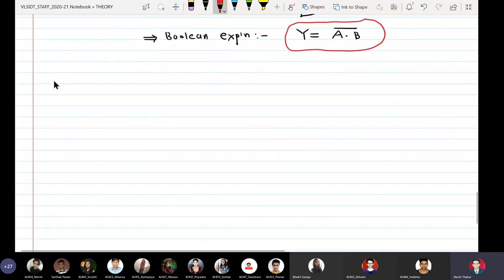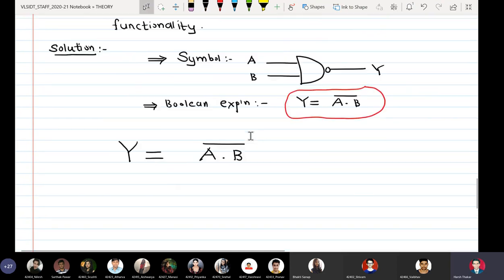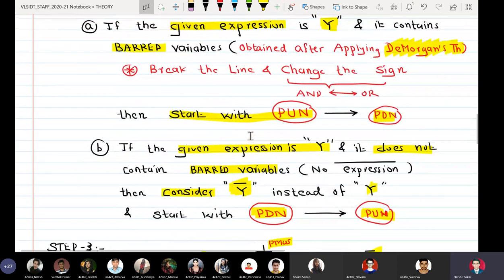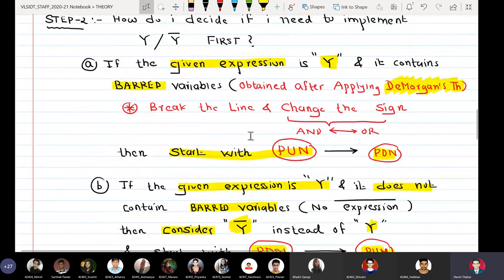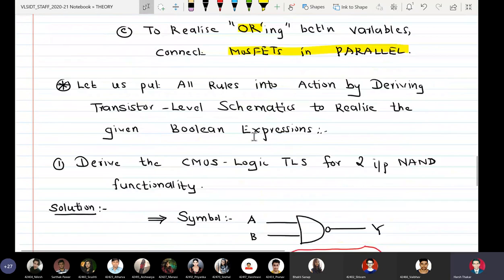Now I will start applying the rules. See how I do it. Output Y is equal to (A dot B) whole bar. Now we go back to the rules. What rule did we state? If the given expression is y and it contains barred variables after applying De Morgan's theorem.